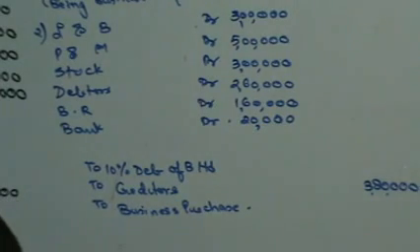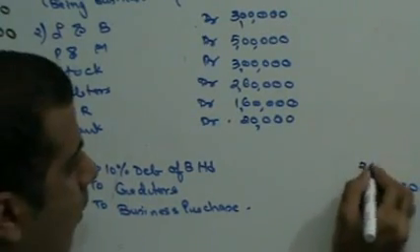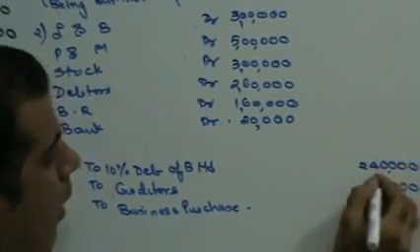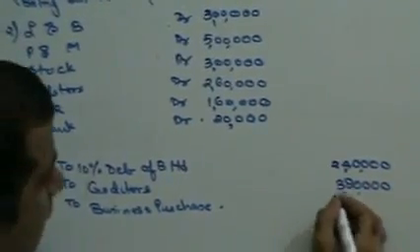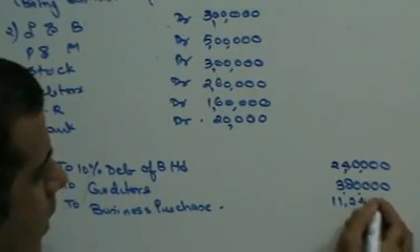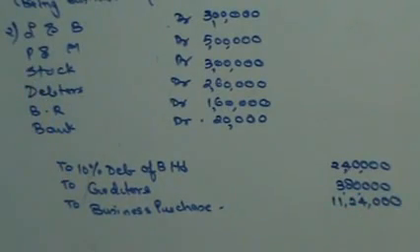Now, regarding debentures, they said that A Limited agreed to take over the debentures of B Limited at book value. That means debentures have been taken over at book value, which is 2,40,000. And business purchase is 11,24,000. Someone get me the difference, please.